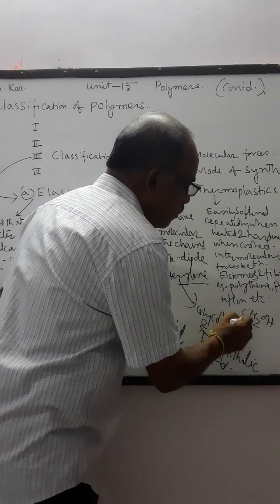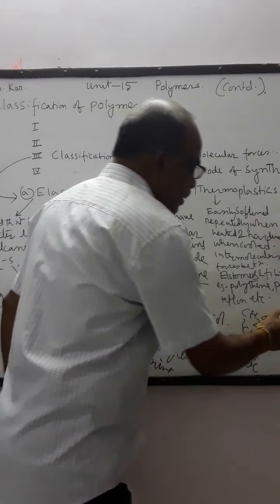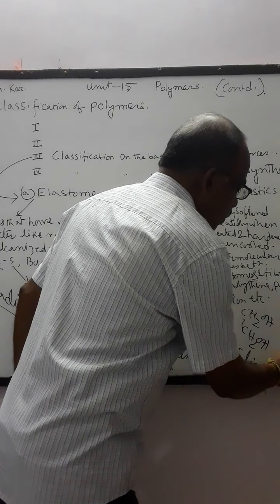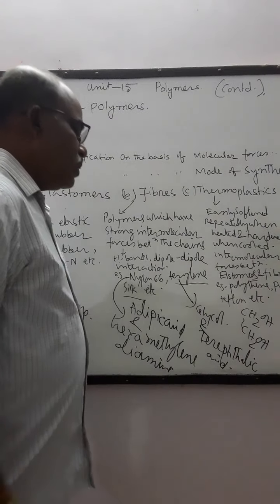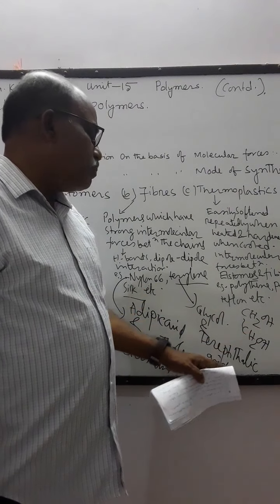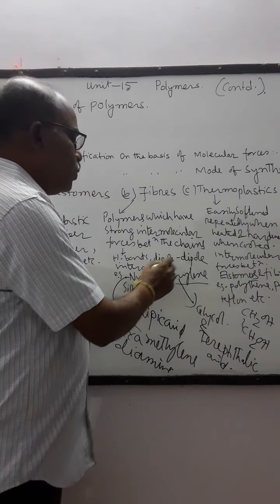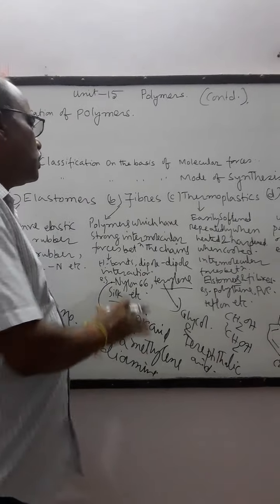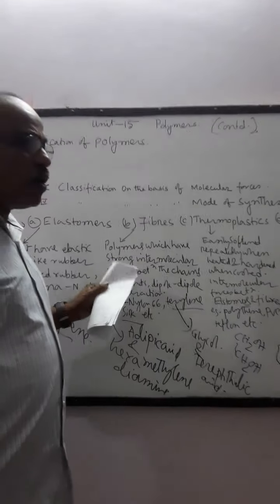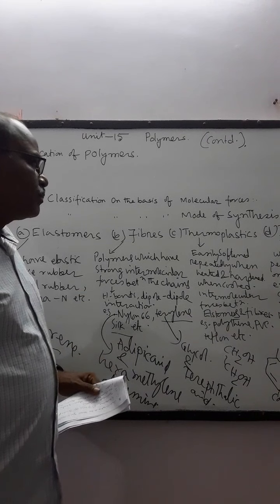This is the structure of ethylene glycol, and another one is terephthalic acid. If polymerization takes place between ethylene glycol and terephthalic acid, then we get terylene. So this is all about fibers, where there are strong intermolecular forces between the chains.